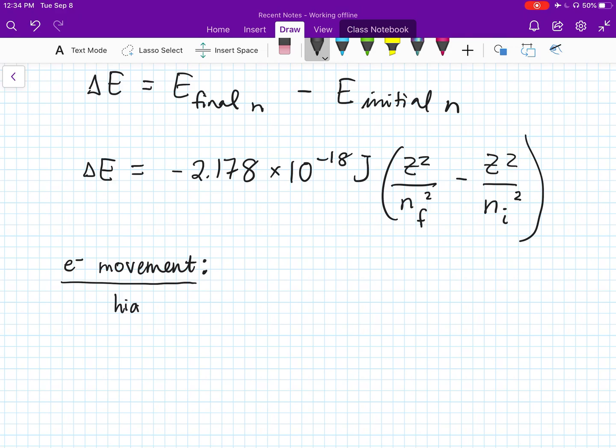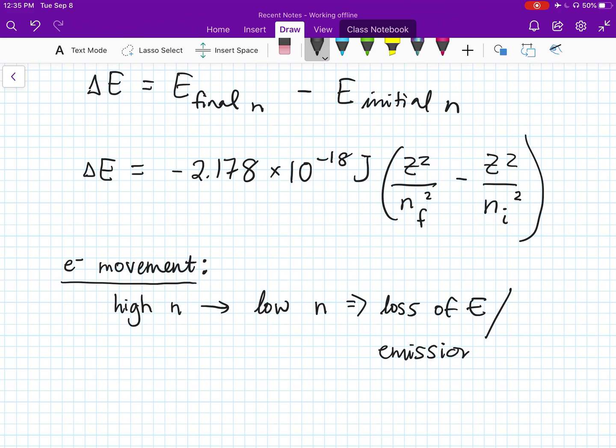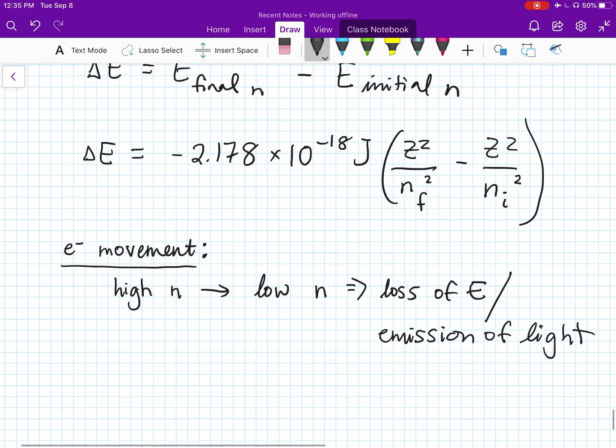So another trick is that whenever you go from a high N value to a low N, then you have loss of energy. So your energy change should be negative. This corresponds to emission of light. So you get a negative delta E for those situations.